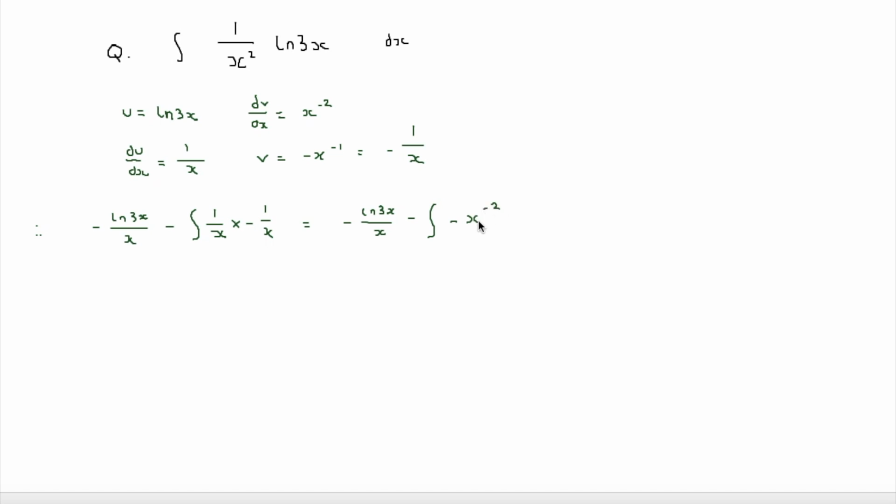Easier to put in this form, as it's then easier to integrate that. So therefore, what we're left with is minus ln 3x over x minus 1 over x, as that is what that integrates to, and then a plus c.